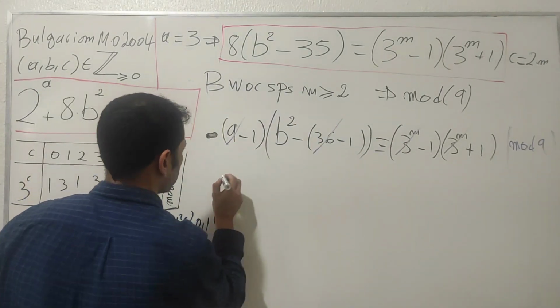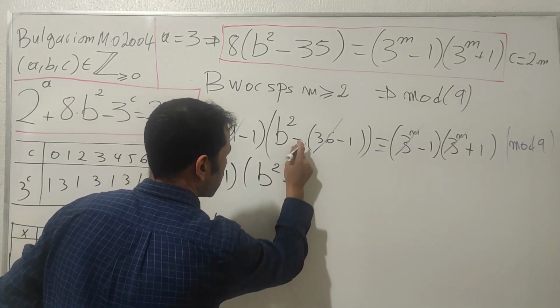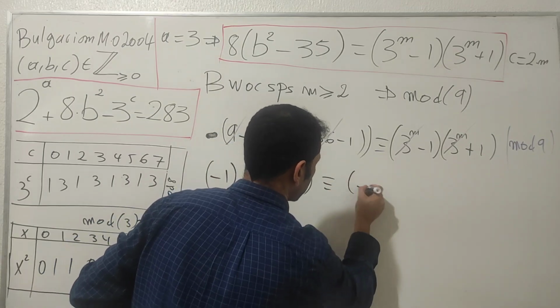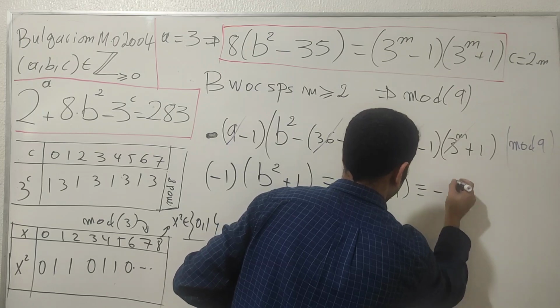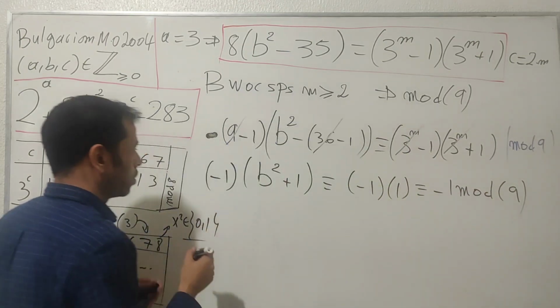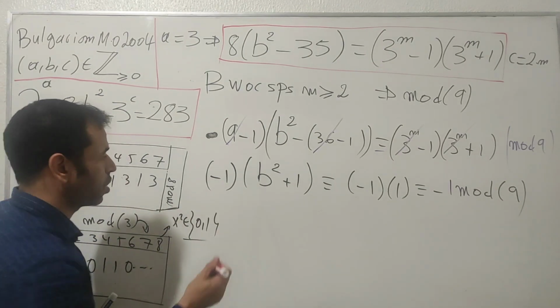So I will be left with minus 1 factor b squared, and with this minus it becomes plus, congruent to minus 1 factor 1, which is congruent to minus 1 mod 9. Also, this minus 1 will be cancelled out with the one on the right.